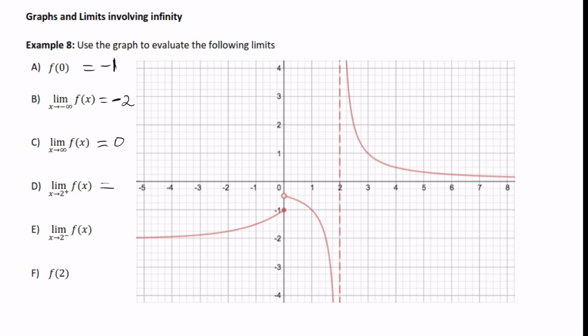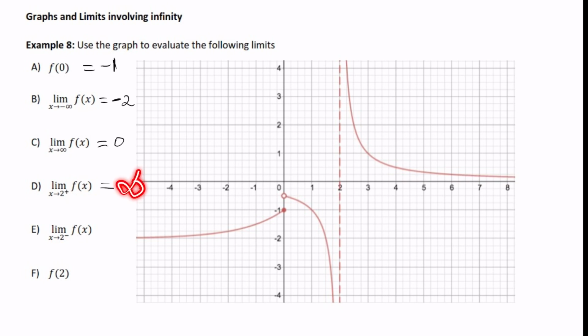The next one says we should find the limit as x approaches 2 from the right. So we go to +2. This is the right of +2. As we approach 2 from the right, our graph increases unboundedly to positive infinity.